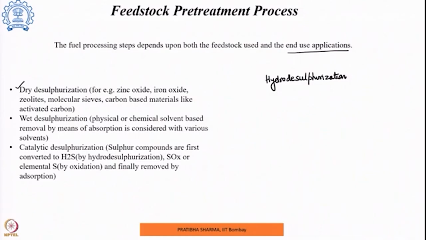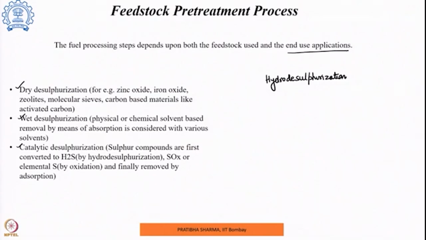These can also be removed by means of wet desulfurization, where they are removed physically or chemically using solvents, and the impurities get absorbed into the solvent. It can also be done using the catalytic desulfurization method, which is the primary method for sulfur removal in the case of methane.